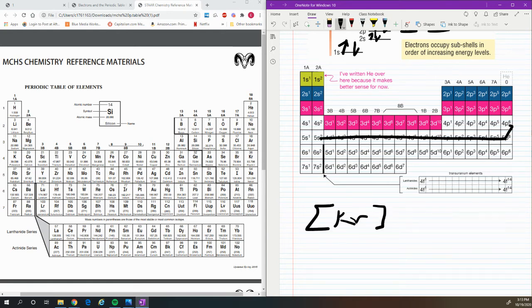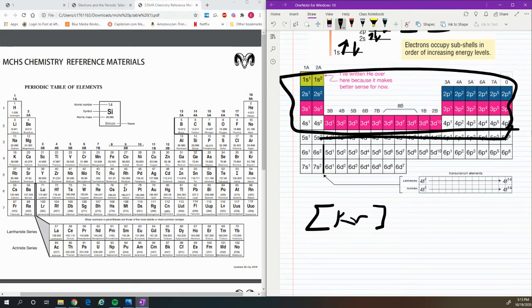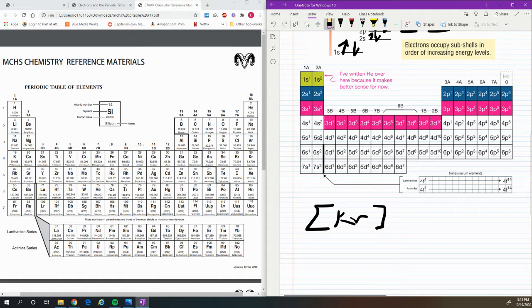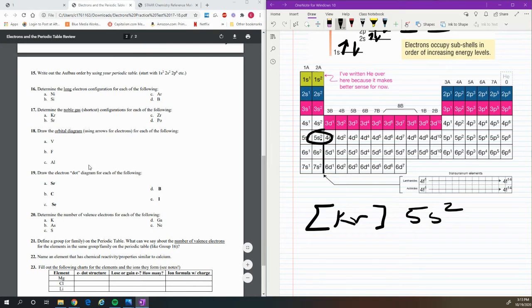Again, this Kr covers everything above this line. I don't have to worry about it. I'm done. All I care about is the excess. So to get to Sr, which is right here, the excess is just 5s1, 5s2, and I'm done. Okay? All right. We're almost done here.